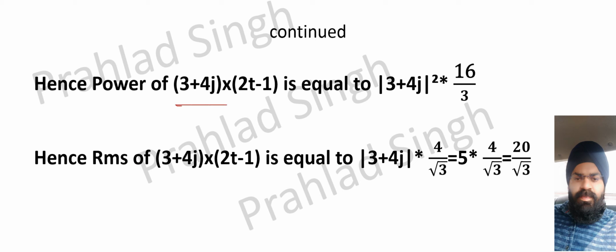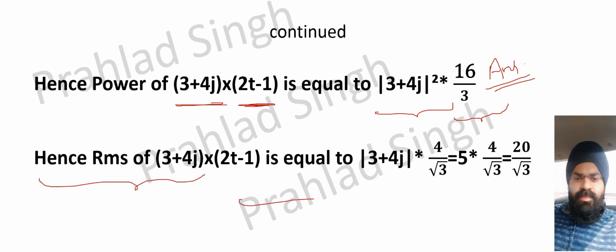So when I multiply (3 plus 4j) with x of 2t minus 1, the power of this signal will be mod of (3 plus 4j) squared times the previous value, so mod of (3 plus 4j) squared times 16 by 3. This is my answer for power of the signal. And if I want to calculate the RMS value, I take the square root of this, which will be mod of (3 plus 4j) times 4 by root 3.